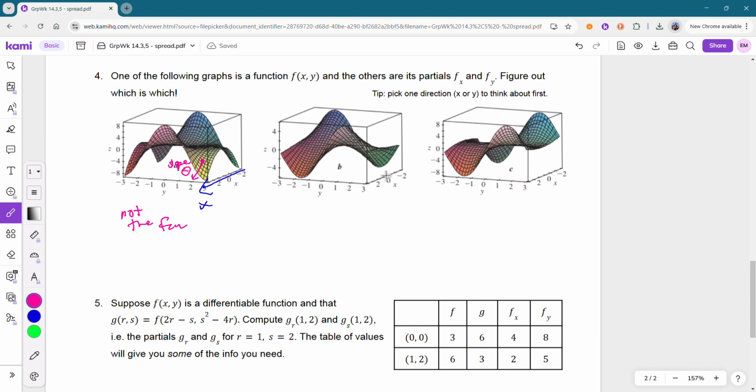If we play a similar game here and pick maybe a point on this corner facing us, and again look at the slope in the positive x direction, this time we're moving uphill as we move in the positive x, so here our slope is going to be positive in the x direction.